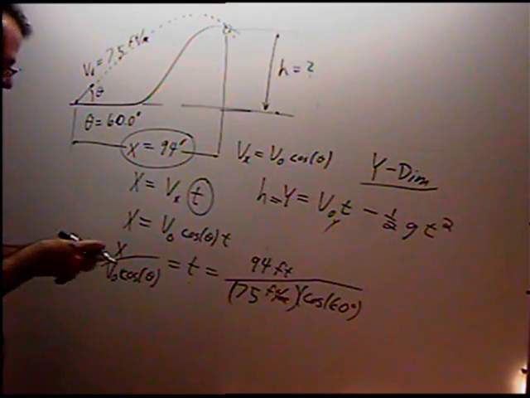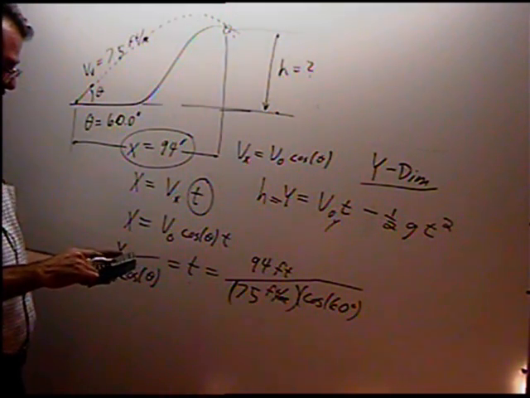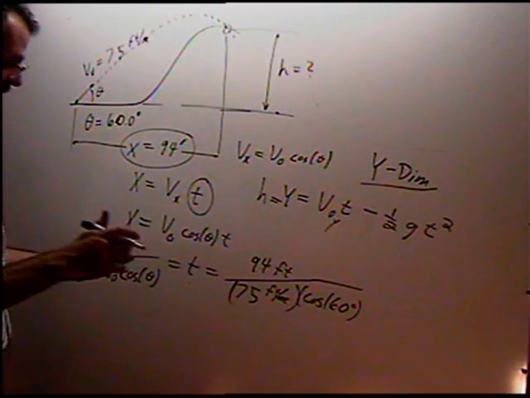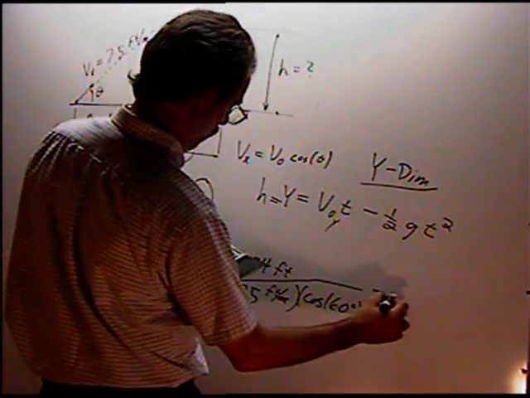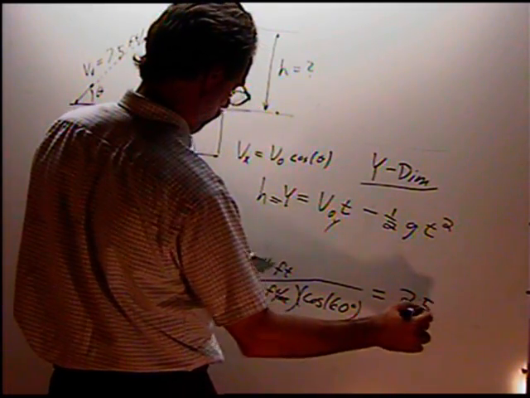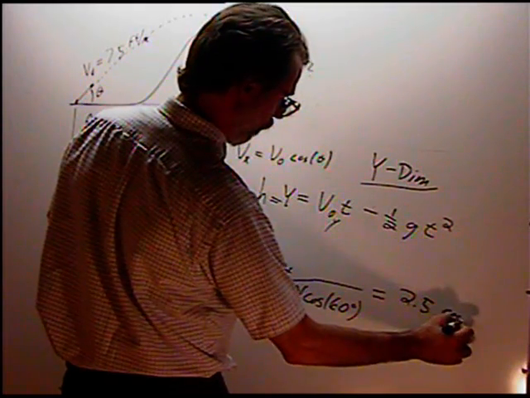Okay, so let me take out my calculator here, and I say 94 divided by 75 divided by the cosine of 60, and I get 2.5. We'll round it off to two significant figures, 2.5 seconds.